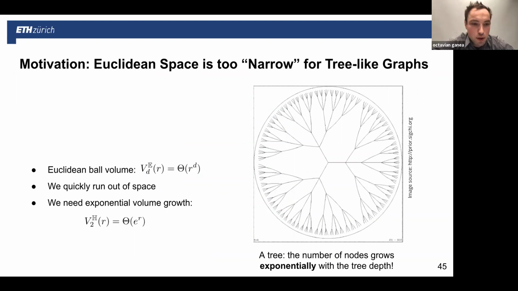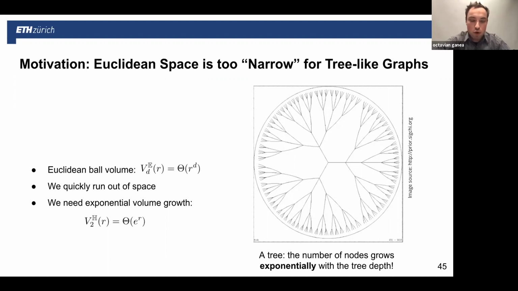The problem is that the volume of a Euclidean ball only grows polynomially with the radius. If we're in dimension D and we have a radius R, then the volume is proportional to R to the power of D. This is why we quickly run out of space when we are dealing with structures which have exponential volume growth, like trees.